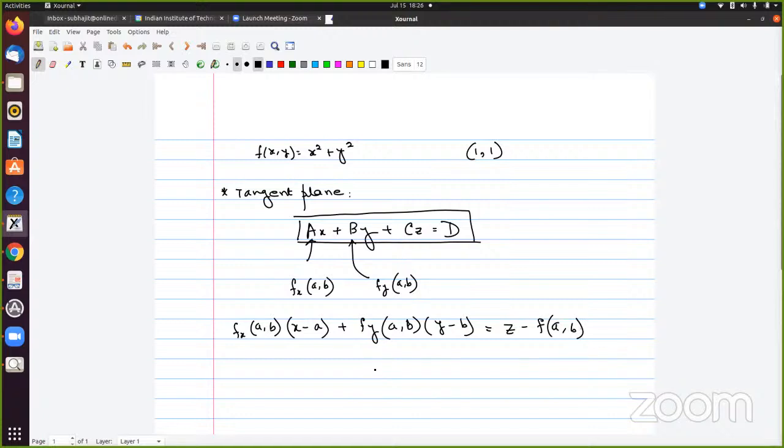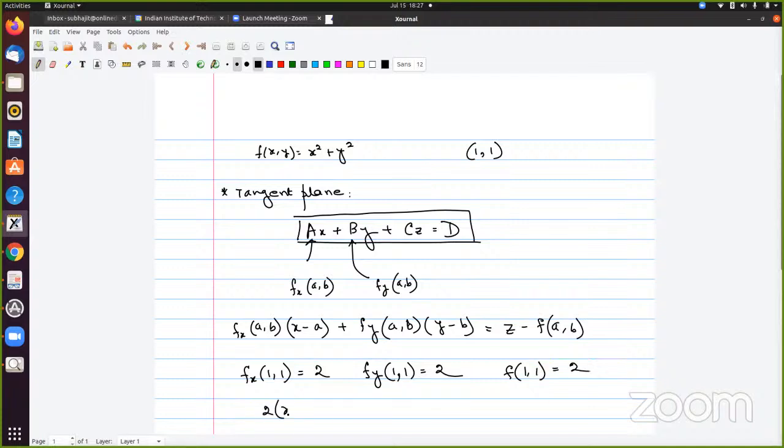Okay, so if we follow this, what is f_x at (1, 1)? It's 2, right? f_y at (1, 1) is also 2. And what is f(a, b), that is f(1, 1)? That is also 2, correct?